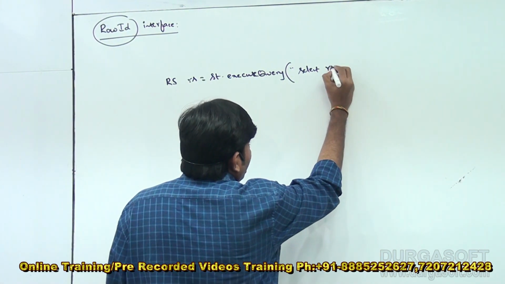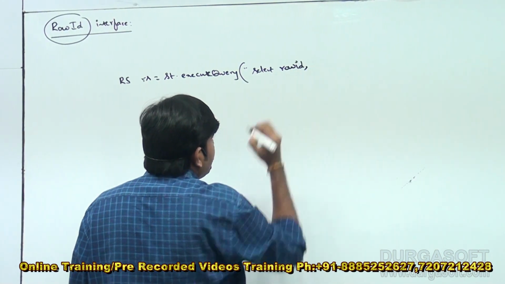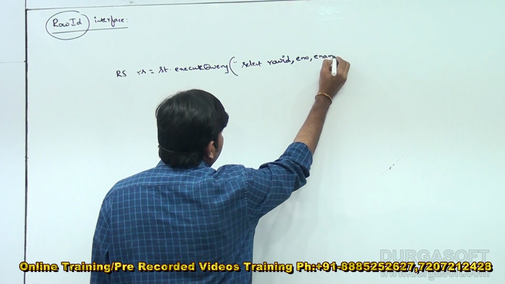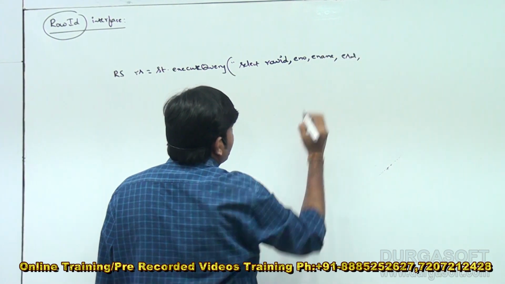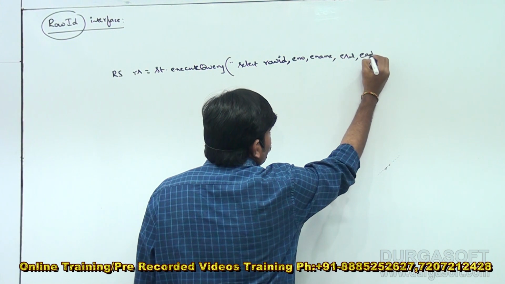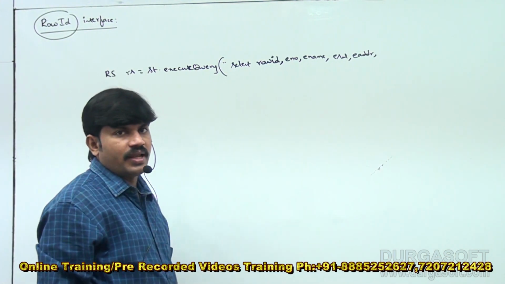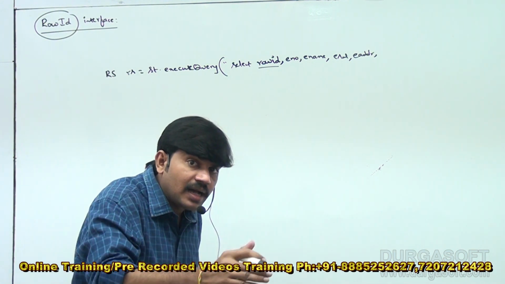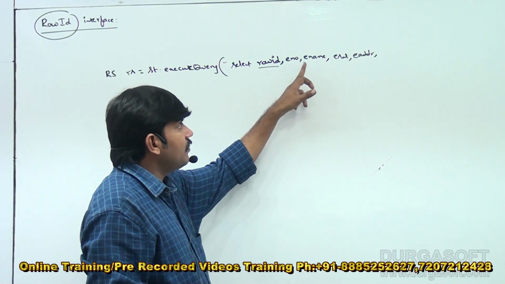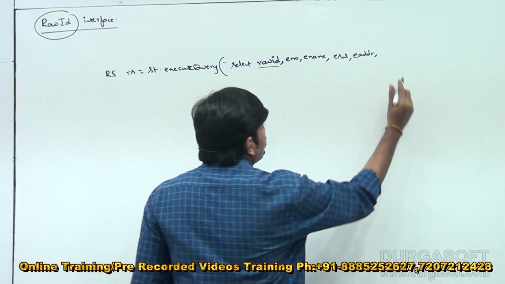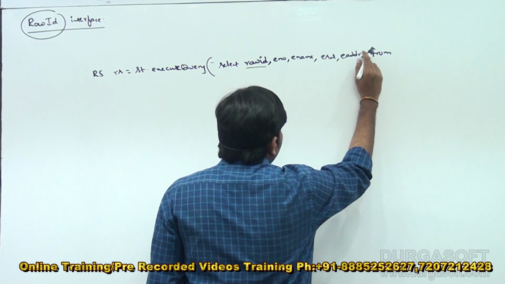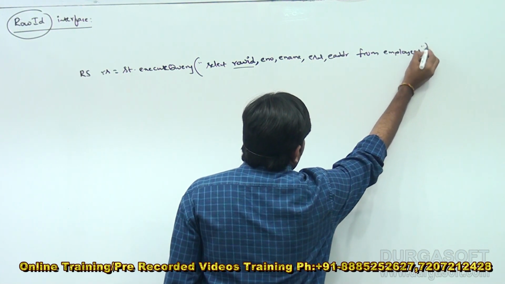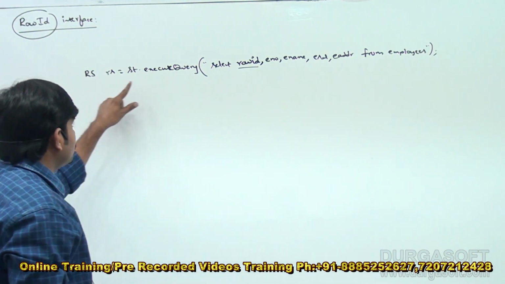Select rowid, eno, ename, esal, eaddress from employees. Row ID is an implicit column; if you want, you can ask for it directly. This is my query.